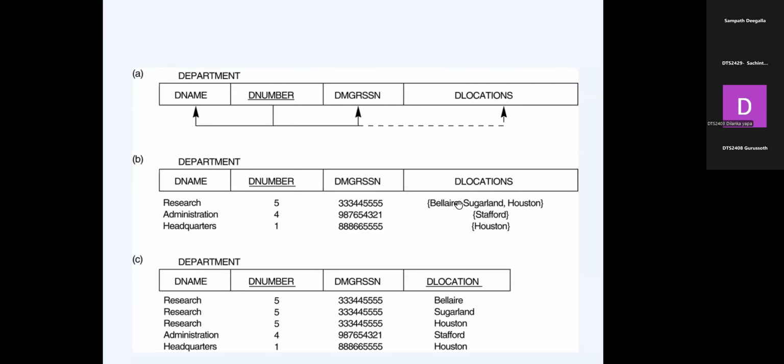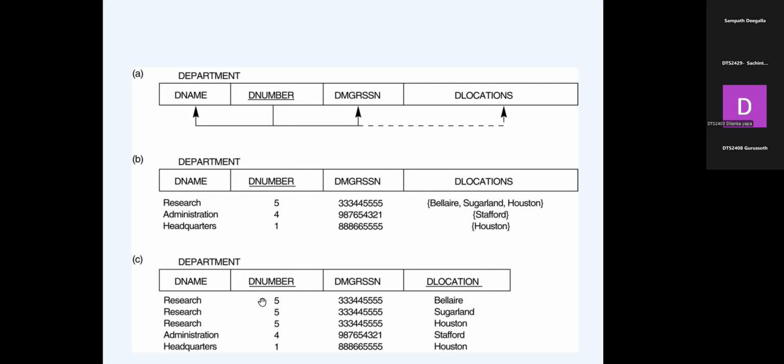So to fix this, you have to have unique values. What do you mean by unique values? Each of these values should be in separate tuples, separate records. So you have to break this up. You can notice here we have 3 values. They are broken into atomic values.